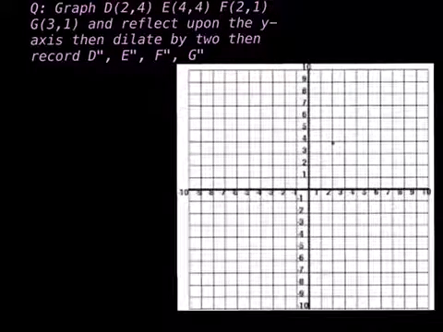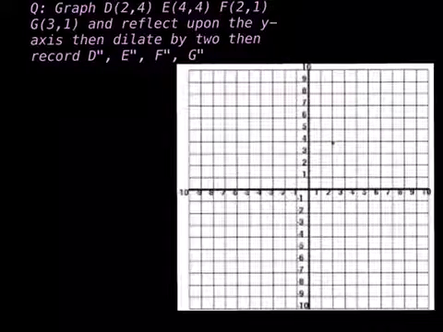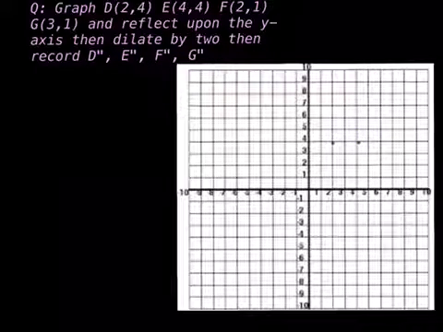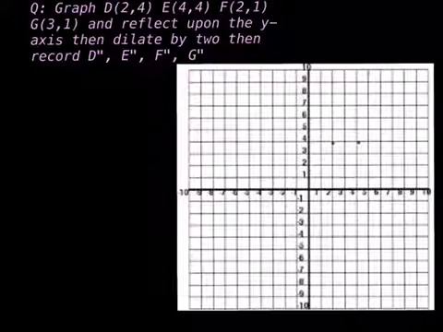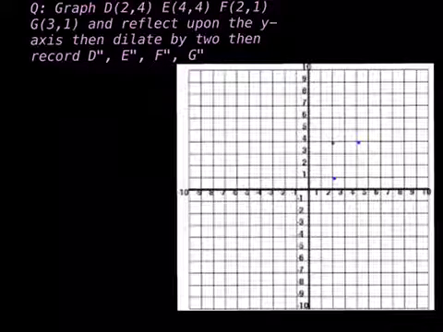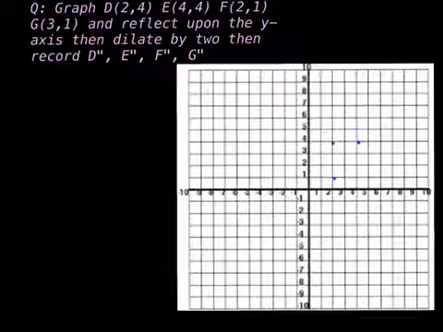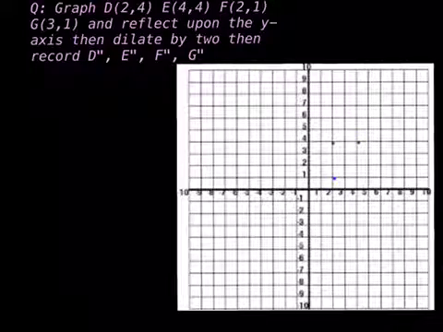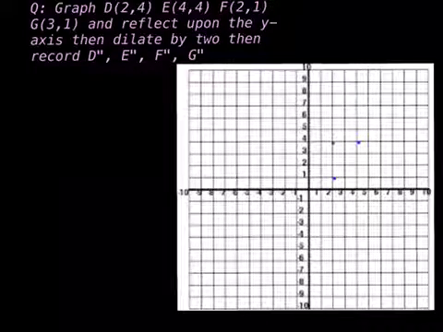Now, E is over 4 and up 4, so we go over 4 and up 4, which ends up right there. Then F is over 2, up 1. Then we have G, over 3, up 1, so we go 3, 1.